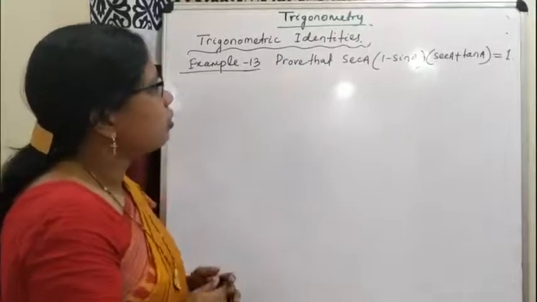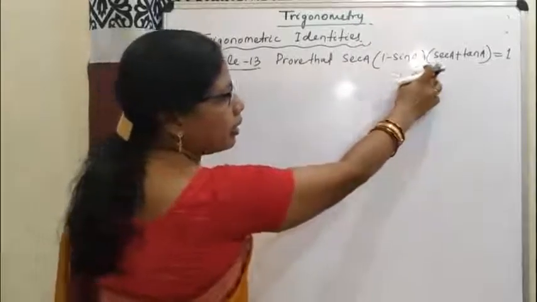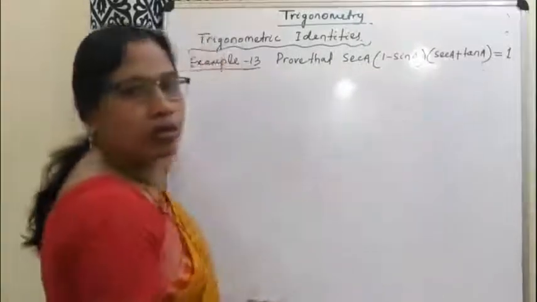Next example, prove that (sec A)(1 minus sin A)(sec A plus tan A) is equal to 1.